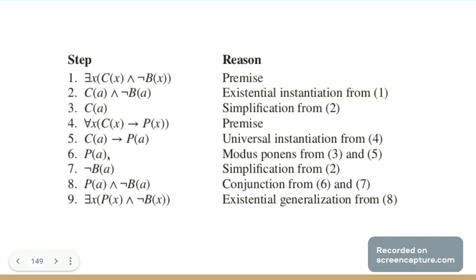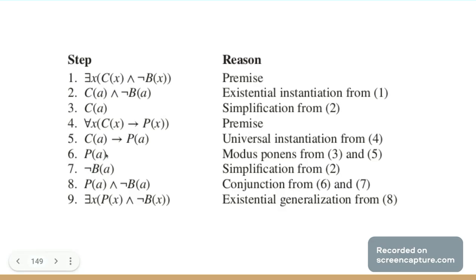Now from 2, just like if P and Q is true, then P is true and Q is true, not Ba should also be true. So we have the seventh statement, again another simplification from 2, we have not Ba.